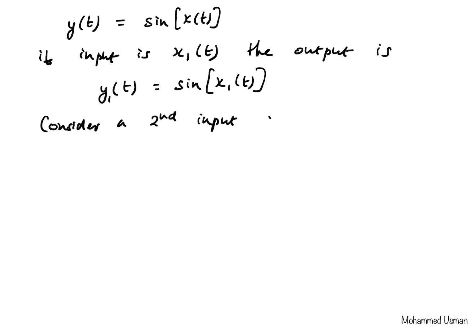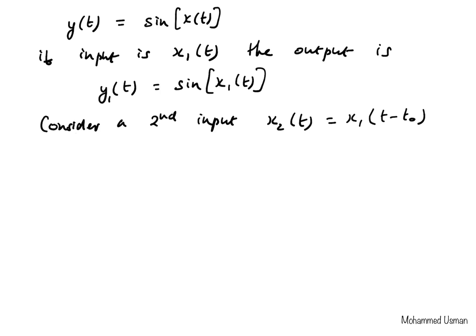Now, if we choose a second input, which we will define as x2 of t, which is a shifted version of x1 of t. So x2 of t is nothing but x1 of t minus t naught. So we have x2 of t, which is a shifted version of the initial input x1 of t.